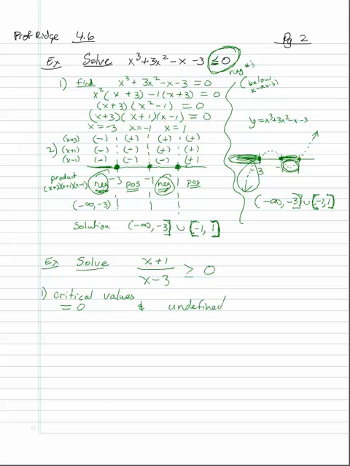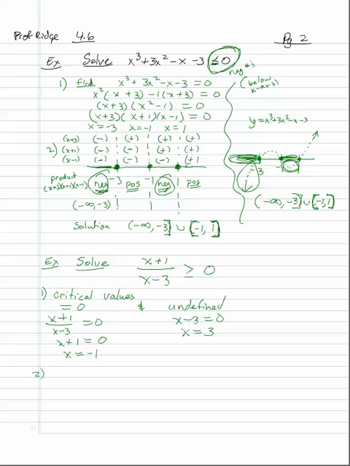The critical value where it's equal to 0 is where the top is equal to 0. You can just multiply both sides by x minus 3 and the bottom cancels out. So x equals negative 1. And where it's undefined is where the bottom is equal to 0. Those are our critical values.